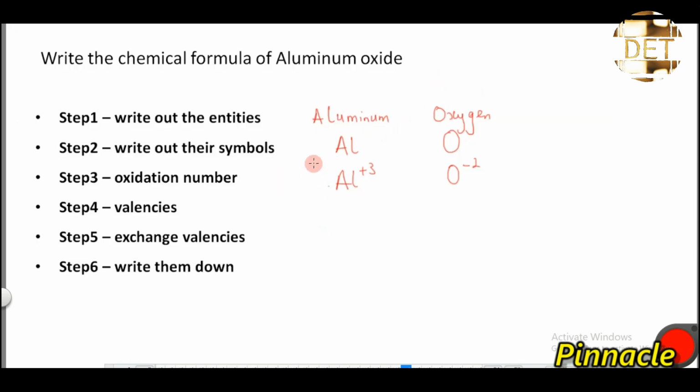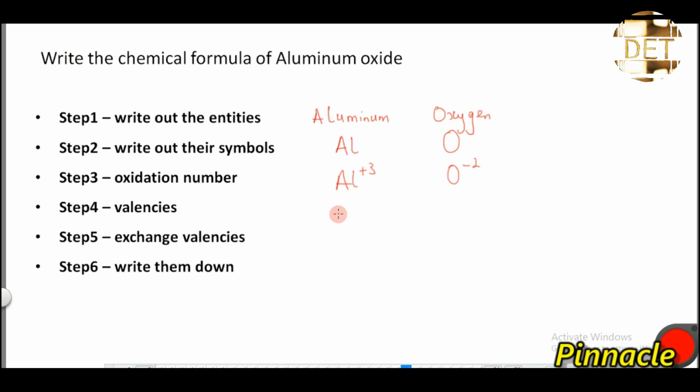So back to our writing of the chemical formula of aluminium oxide. We've gotten the oxidation number of aluminium and we've gotten the oxidation number of oxygen. The next thing is to write out the valencies. So like I said before, valency is oxidation number minus the charge. So when you remove the charge, what you have is your valency.